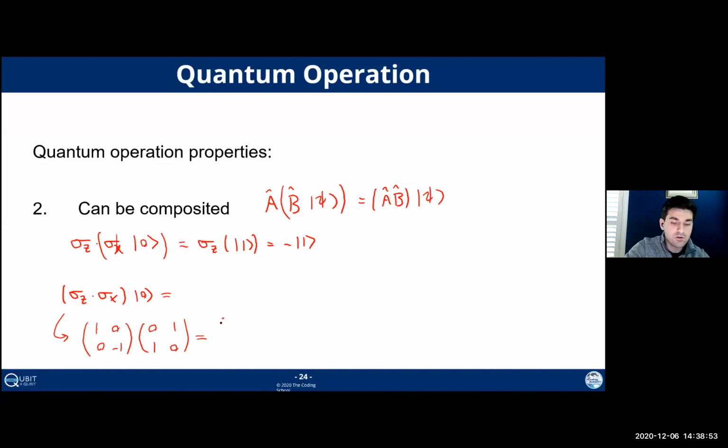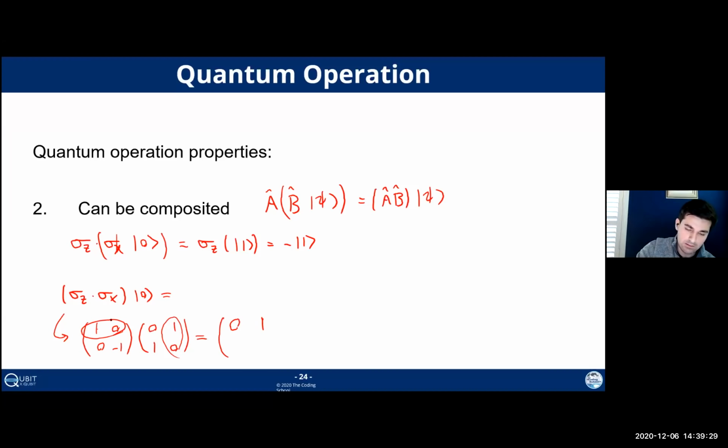We're multiplying two 2 by 2 matrices together, and the result is going to be another 2 by 2 matrix. The first entry is going to be 0 times 1 plus 1 times 0, so the first entry is 0. Now the entry on the top right is going to be the right entry here times the top entry here, and that gives me a 1.